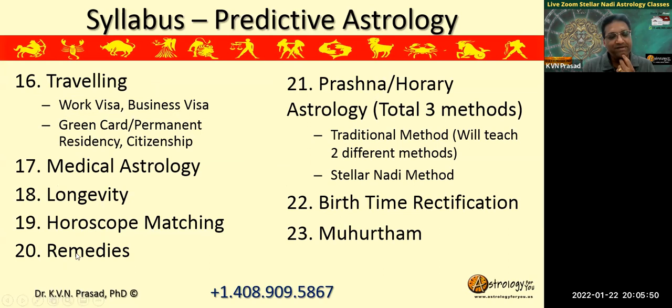Remedies, I don't know, they will be covered in one class or two classes, depends. Prashna also, one class or two, depends on how many examples you have. Then birth time rectification, how to rectify the birth time. Then muhurtam. Somebody will come and say, I'm getting surgery, what is the best time? All those types of things.